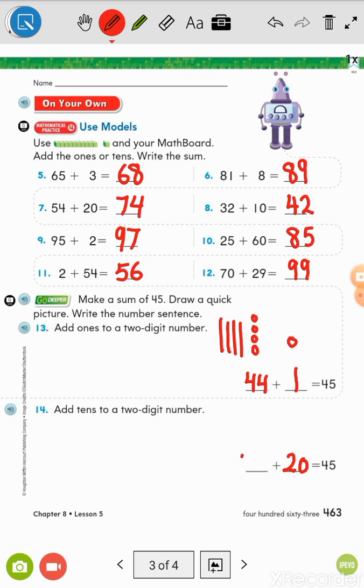Yes, 25. I can draw 25 as 2 lines and 5 circles, and 20 as 2 lines and 0 circles. How many lines do we have in all? How many circles do we have in all? 1, 2, 3, 4. 4 lines and 5 circles, which is 45.